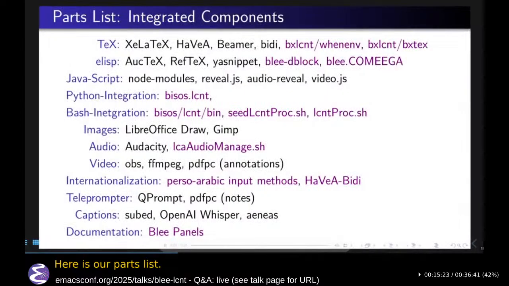Here is our parts list. These are the components that we have chosen to bring together towards our goal of creating convivial tools. In this slide, we're using black ink to denote existing tools, and we use violet ink to denote pieces that we have developed towards cohesive integration.